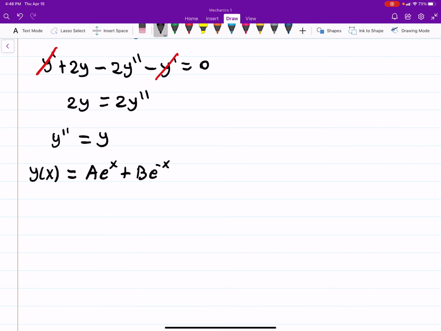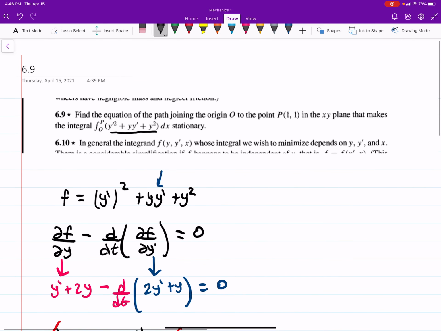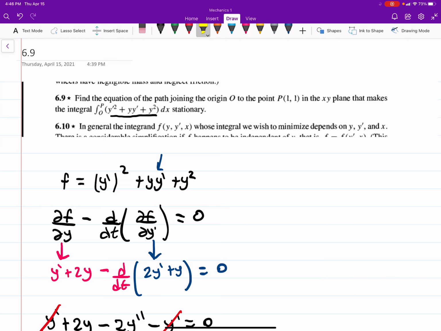But they give us points. So we know y of 0 equals 0, and y of 1 equals 1. So that's given here. It starts from the origin to the point (1, 1). And obviously the origin is the point (0, 0).